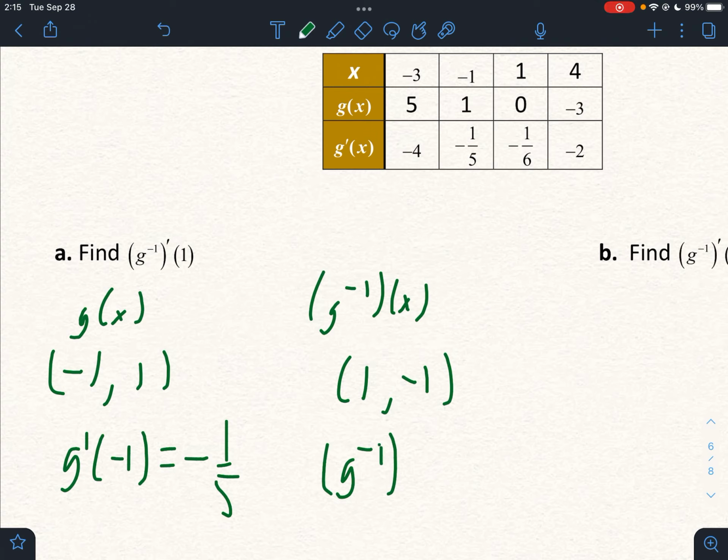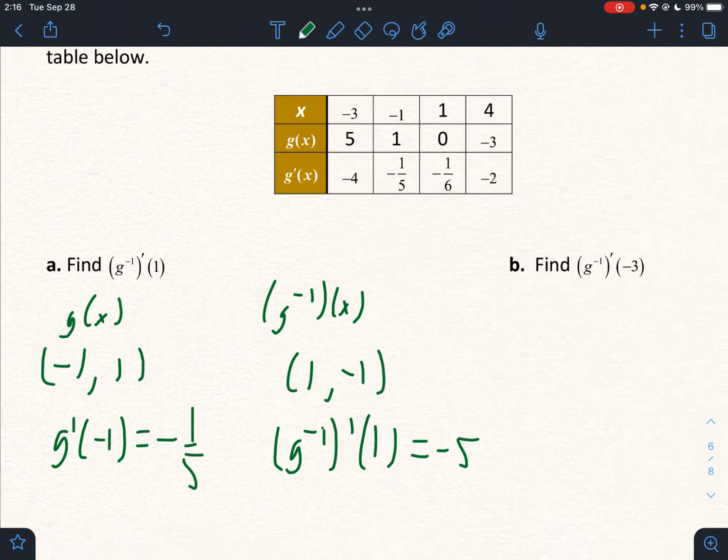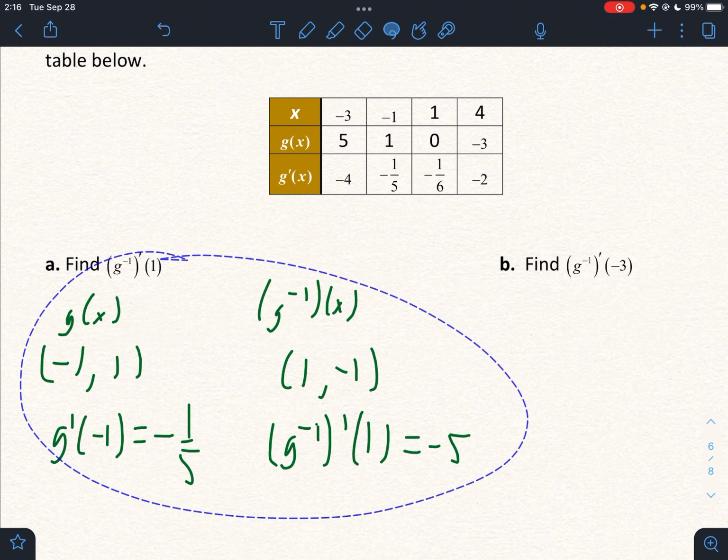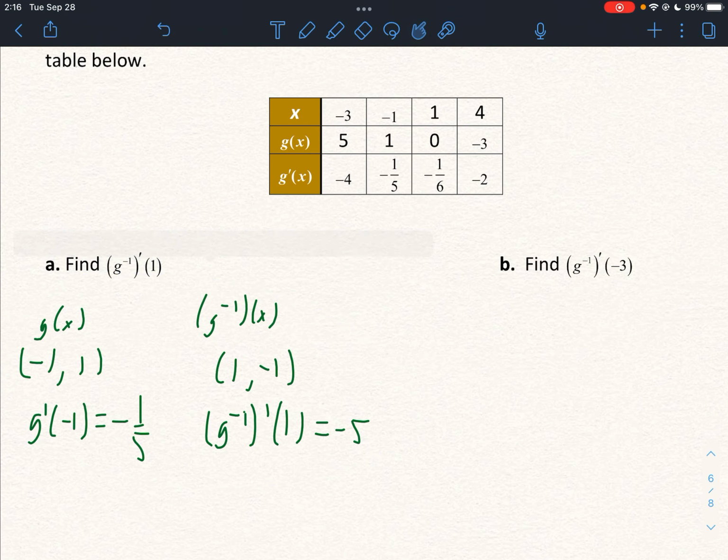G inverse prime of 1 would be the reciprocal of that, which is negative 5. So that's more often the type of problem you would probably encounter in this class. It really just involves a little bit of thinking to get through it.